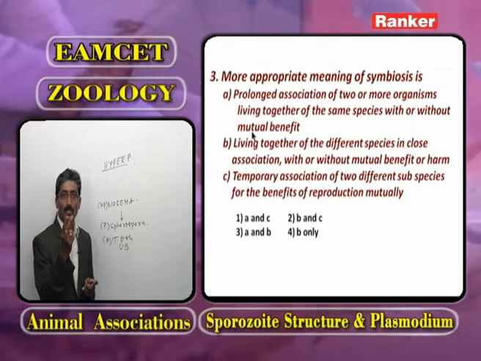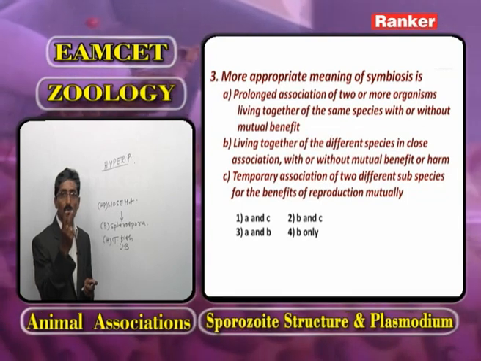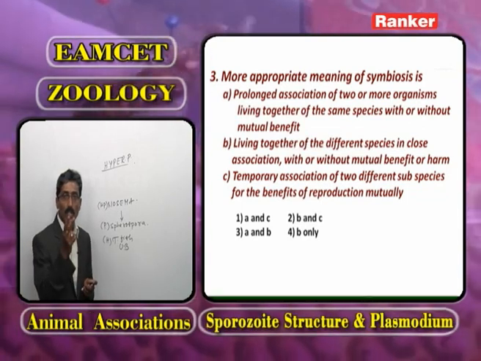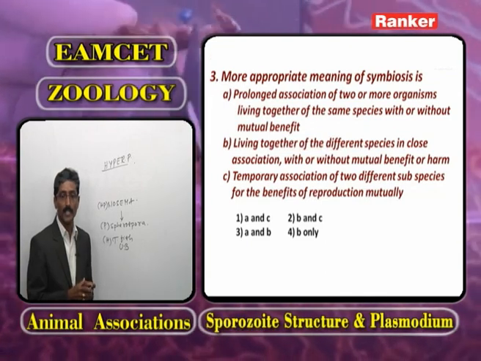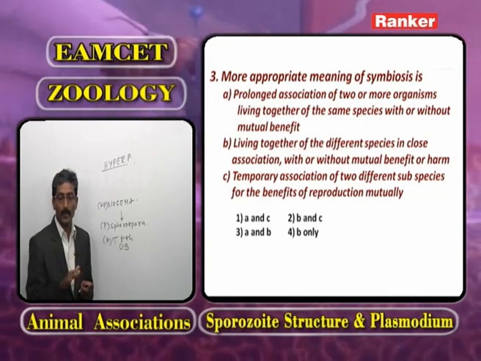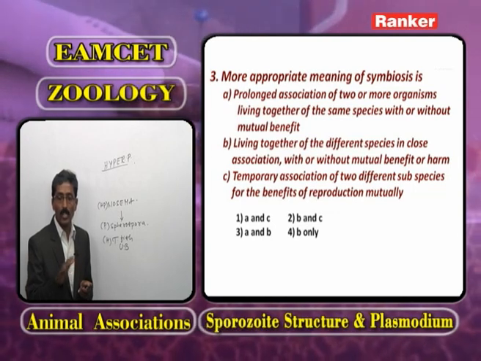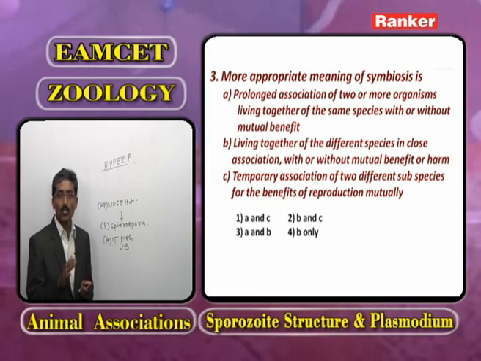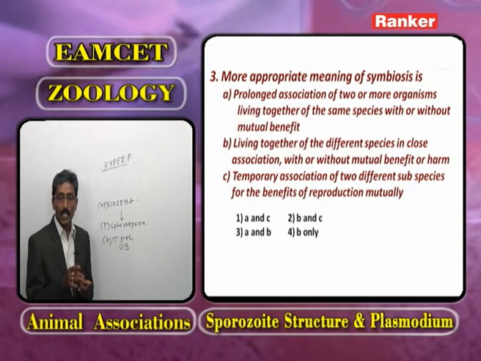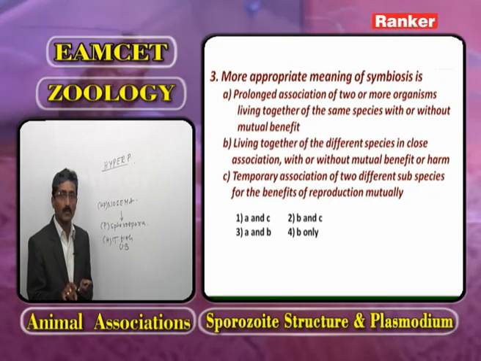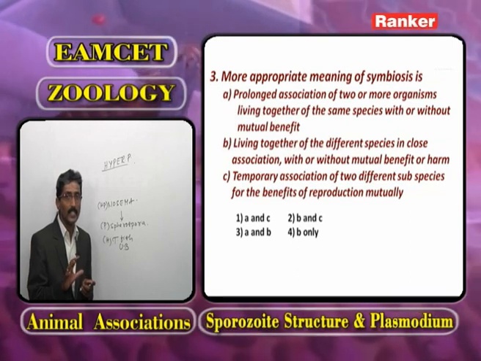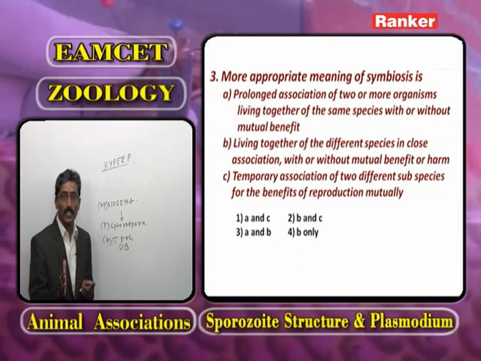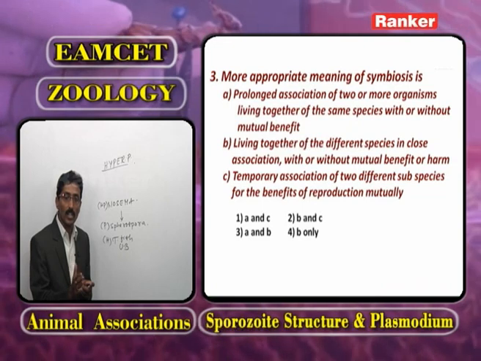To explain an association, we require a minimum of two organisms, and the two organisms must belong to two different species. But here the statement says the same species. While explaining associations, we should not consider the same species, so the first statement is not correct.